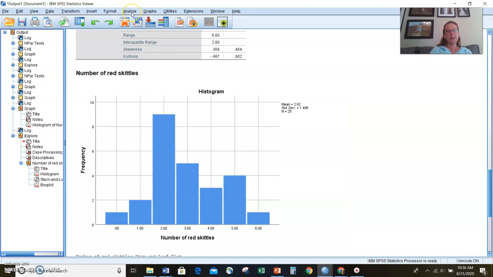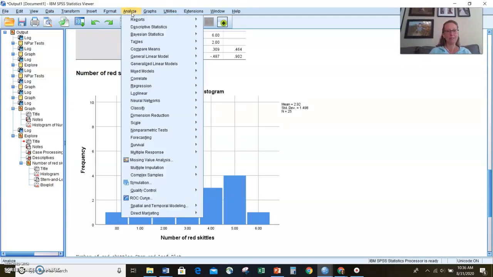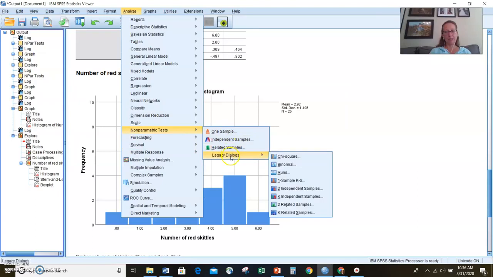The last way that you can look at skew and kurtosis to get a number, like just tell me, Dr. Wickline, is it too far? Is it too messed up? If that's how you like to approach this task, you can go to Analyze, Non-Parametric Tests, Legacy Dialogs, and One Sample KS.